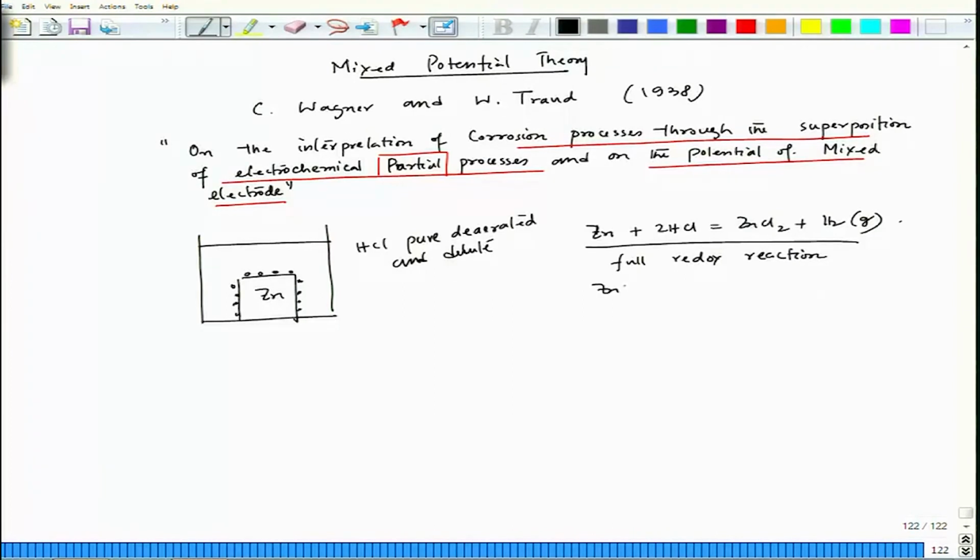Thus the oxidation is the oxidation or anodic process, or I could say the corrosion process, and the second part is 2H+ + 2e- = H2. So, this is the cathodic process.